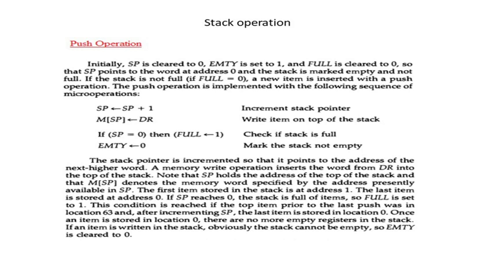So how to push the data? The data is available in DR. It is transferred into the location the stack pointer points to, the address at which the data will be stored, specified as M of SP. So increment the stack pointer by 1, then push the data into the stack. Suppose the maximum location is 24.